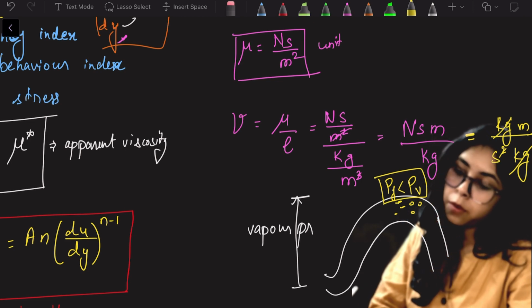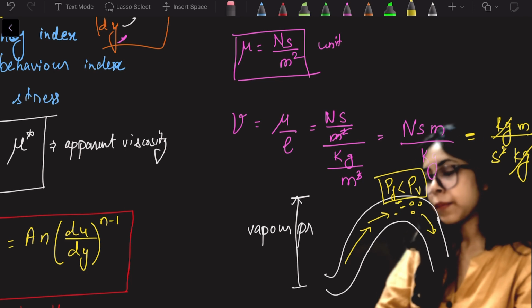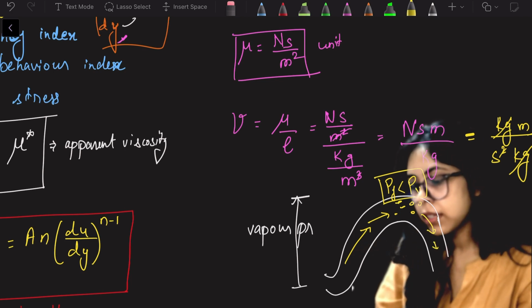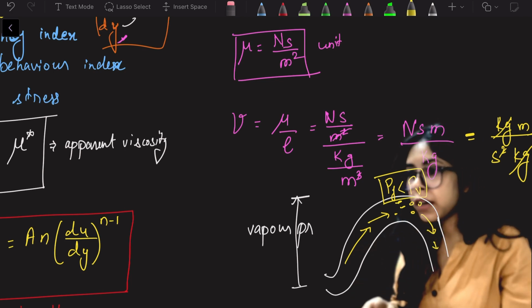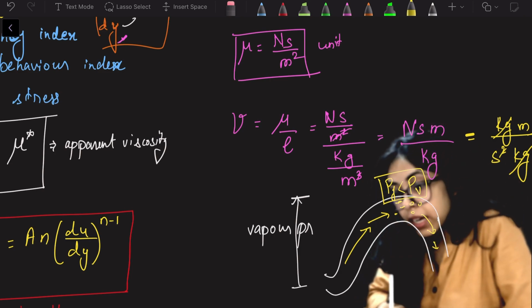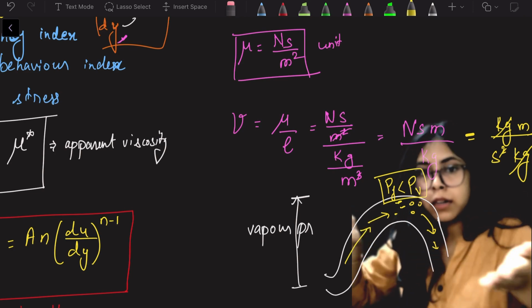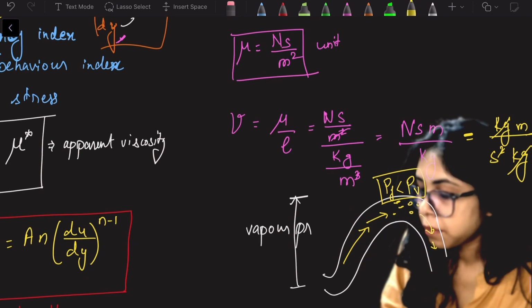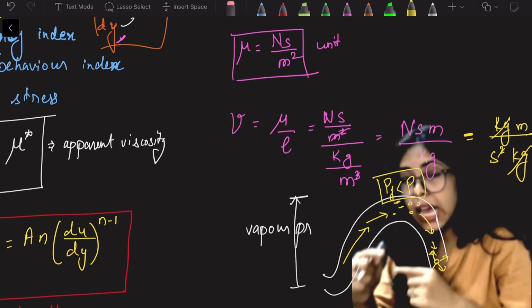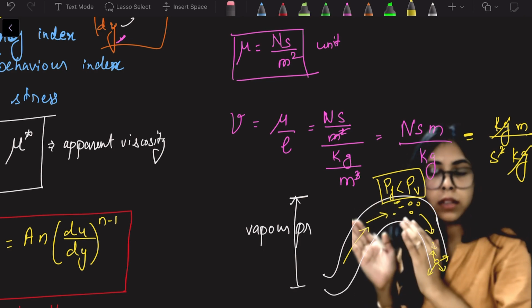Now this is the pipe, right? Fluid has to go and fluid has to come. So when this fluid comes down, the pressure will increase, right? When the pressure increases, the pressure comes on the bubbles, and the bubbles start bursting. With a bursting sound, this bursting sound we hear in cavitation.